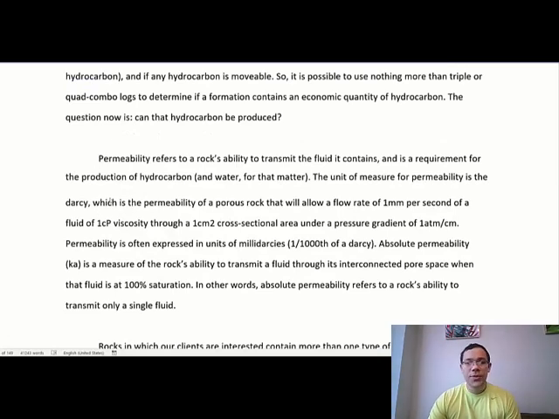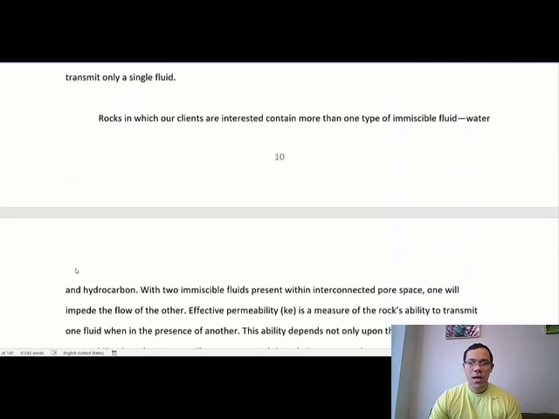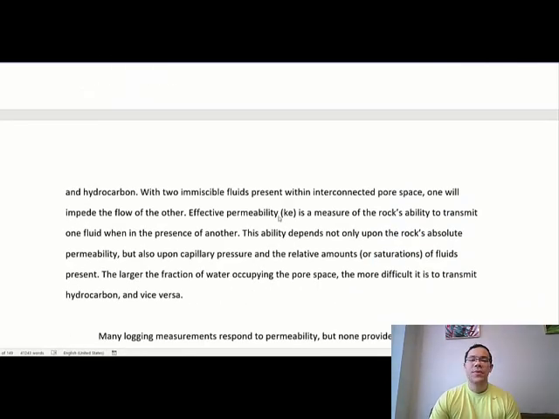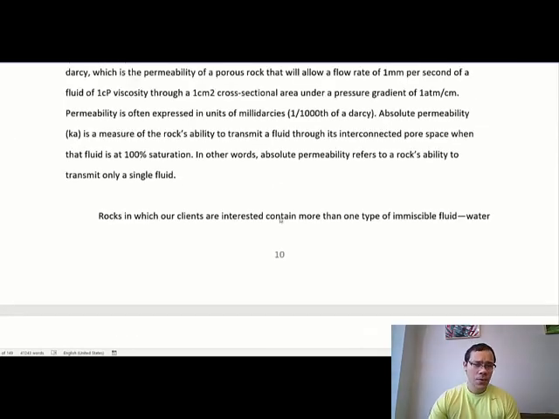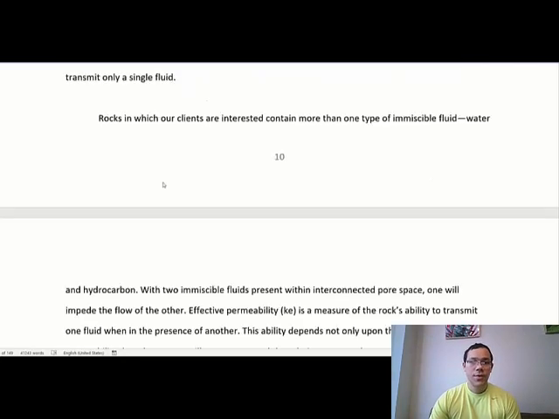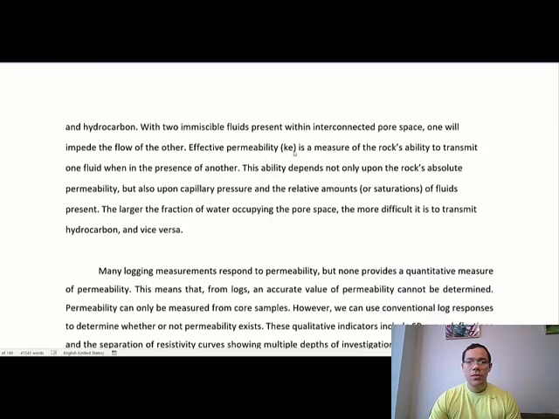A comment regarding permeability: you will also see that there are two types. There's absolute permeability, which is noted with Ka, and effective permeability. There is a distinction, basically because when you talk about absolute, you're considering only a single fluid in that rock, and when you're talking about effective permeability, you're considering more than one phase and more than one type of fluid, which is almost always the case.